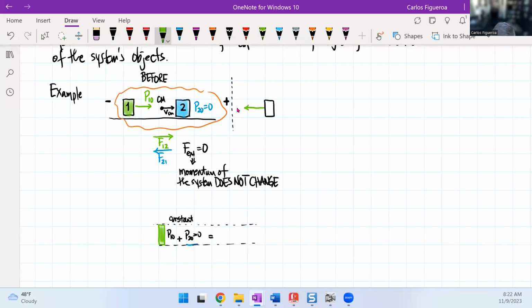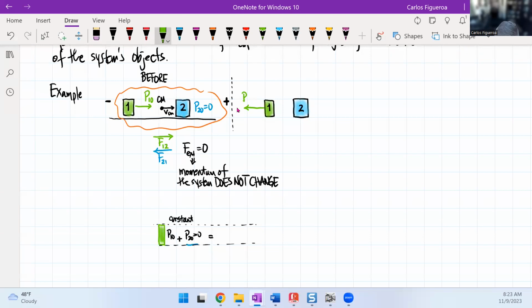Let's say that it bounces in that direction like that. So one bounces back, so then it forces two to go in the opposite direction. By the way, I put an initial there.